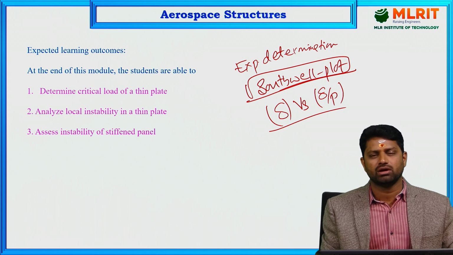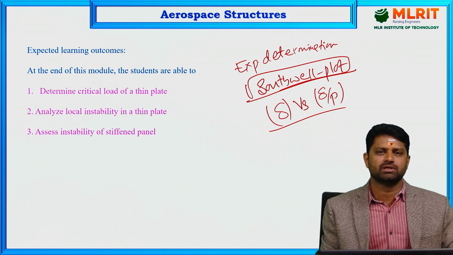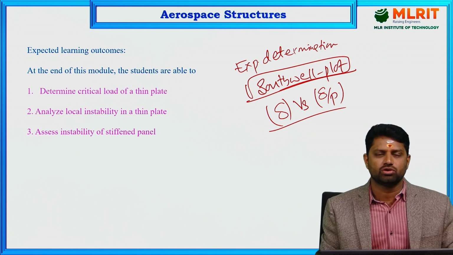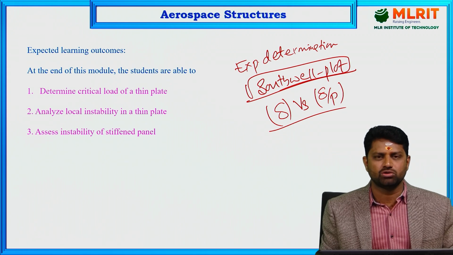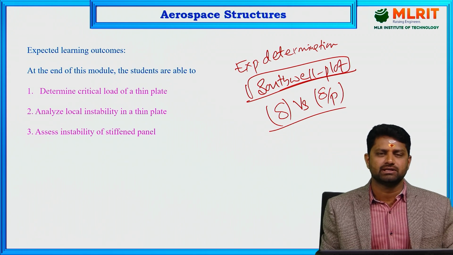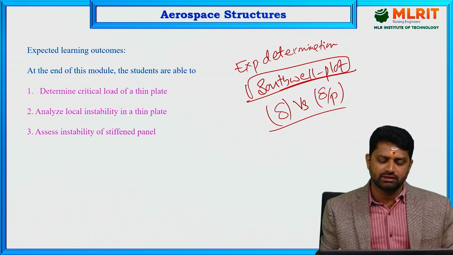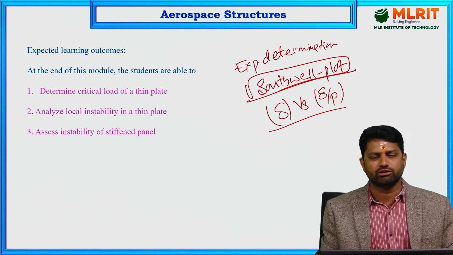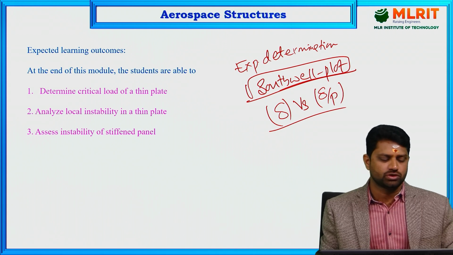Once the maximum load in that column is reached, it is going to fail. Whatever maximum load it carries before failure, we regard as the critical load. Similarly, we are going to extend the concept of experimental determination of critical load from a column to a thin plate.